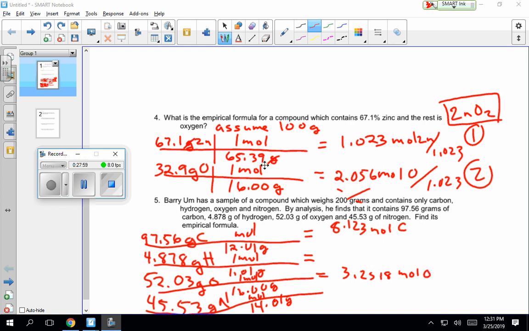Okay, and then what do we have for hydrogen? 4.8, yeah, 3.9 moles of hydrogen. Oxygen is 3.2518, yes. And then what about nitrogen? 3.498. Sorry, let me erase that here.